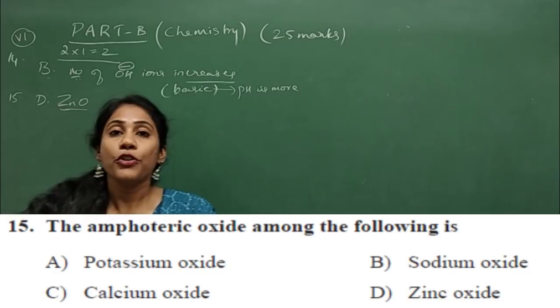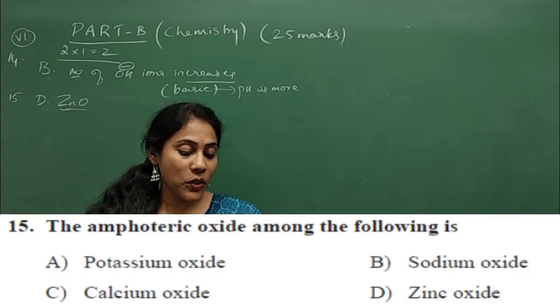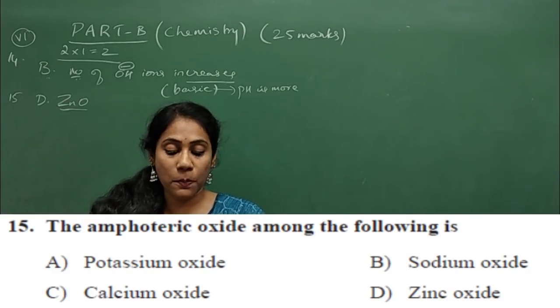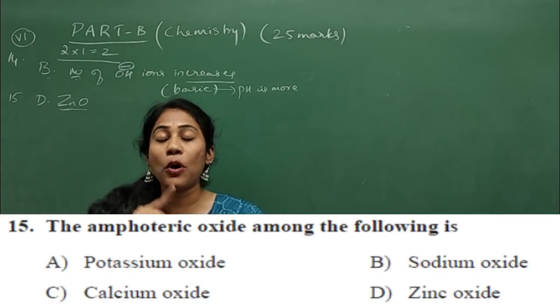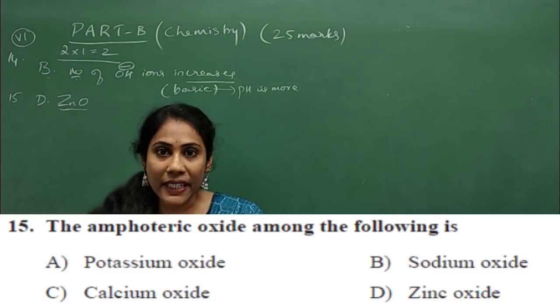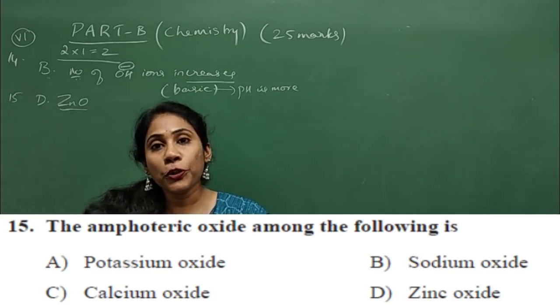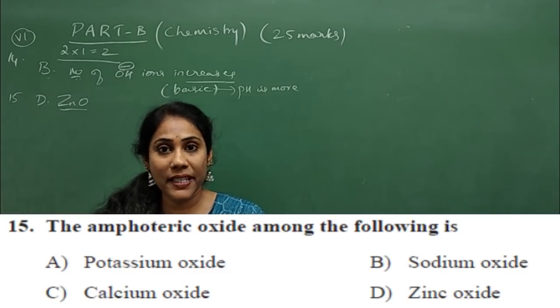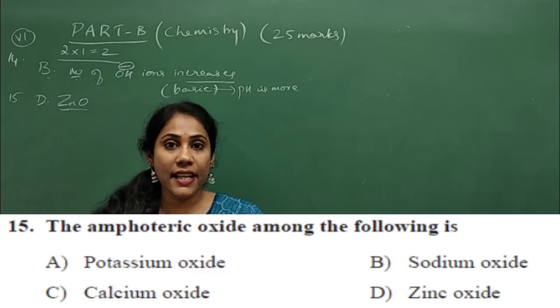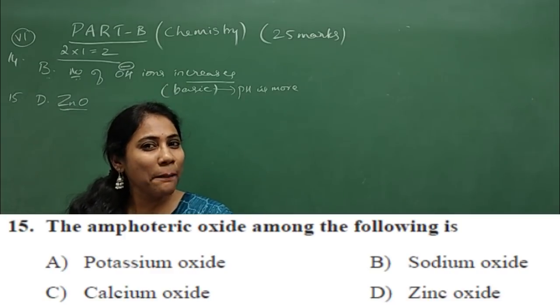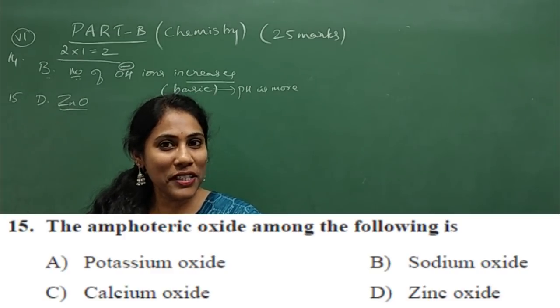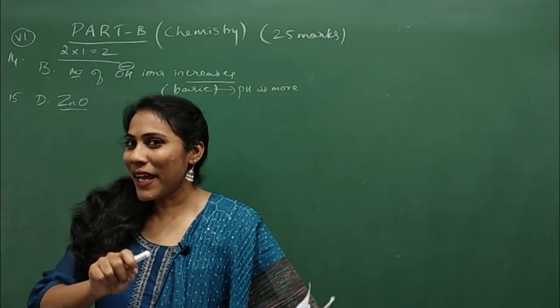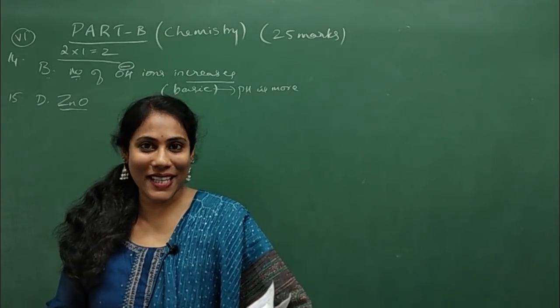Potassium oxide, sodium oxide and calcium oxide are basic oxides because potassium, sodium, calcium, all these are strong metals which belong to group 1 and group 2 elements, right? Their oxides are always basic. So zinc oxide is amphoteric, which is one more very famous example of an amphoteric oxide. If you know the answer, post it in the comment section.